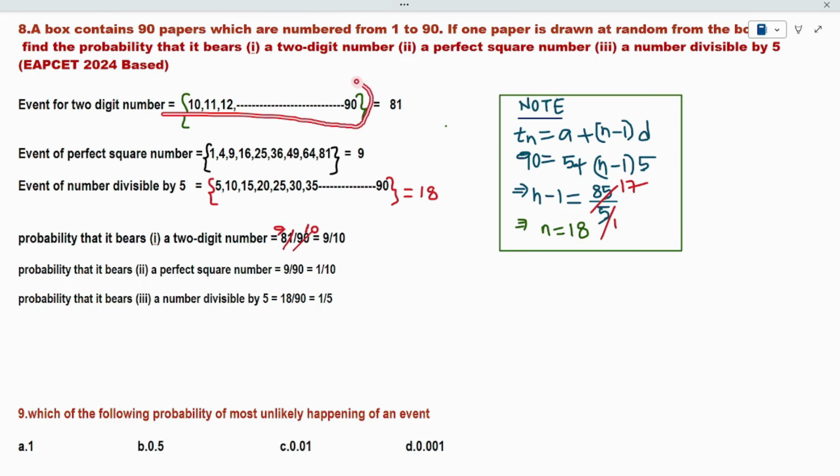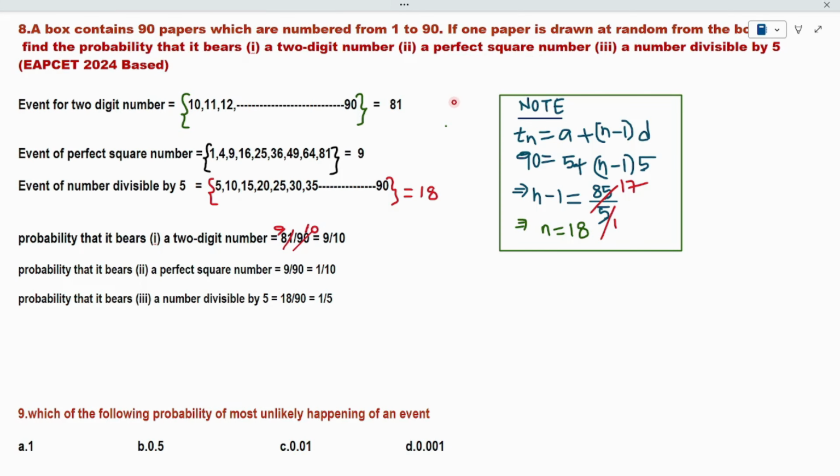Okay, how many 2-digit numbers? If I calculate manually from 1 to 90, I will get 81 2-digit numbers. I have total 81 2-digit numbers. So the event for getting a 2-digit number is 81. Then come to the event of a perfect square number.